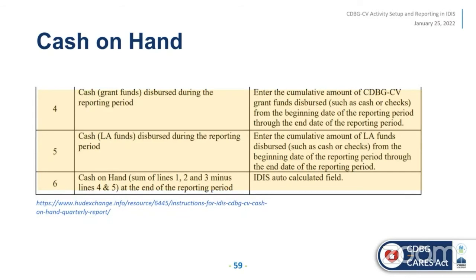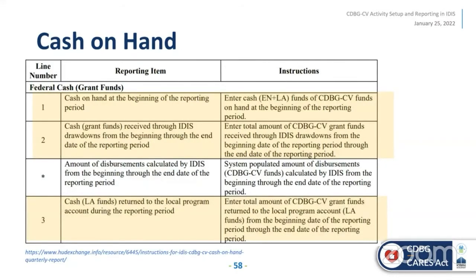So let me go back. With cash on hand, the main ones, when you follow the instructions, you have your EN and LA funds, if any have had to be returned to you through your local account at the beginning of the reporting period, the amount received from drawdowns, and the amount of the local program account.